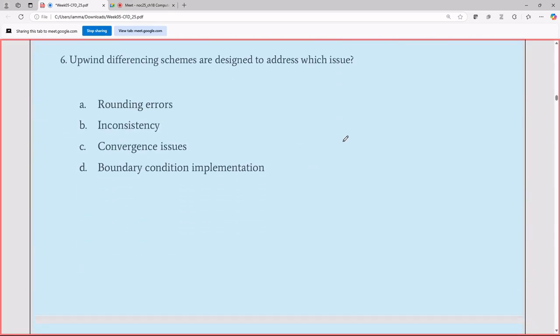Next question. Upwind differencing schemes are designed to address which issue? Options are option A, rounding errors, option B, inconsistency, option C, convergence issues, option D, boundary condition implementation.